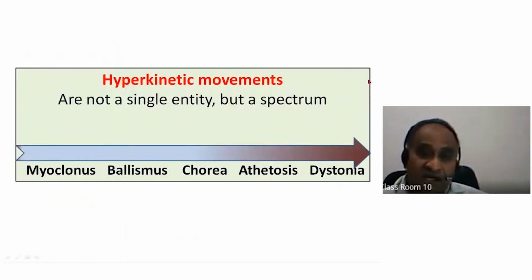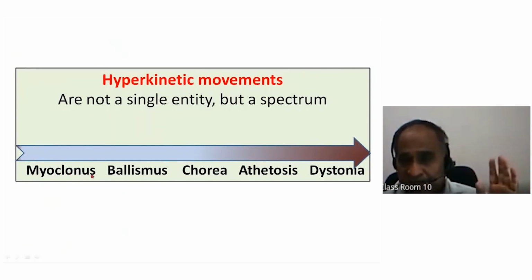The hyperkinetic movements, what we were talking about, the Huntington disease, they are not a single entity, but a spectrum. Here I have put the spectrum. The hyperkinetic starts with a myoclonus, that means a small muscular activity. Then they become ballistic, so that means there are flail or unpredictable sudden activities.